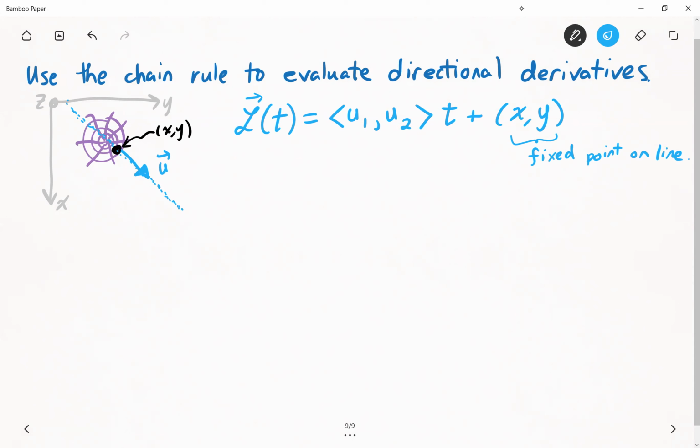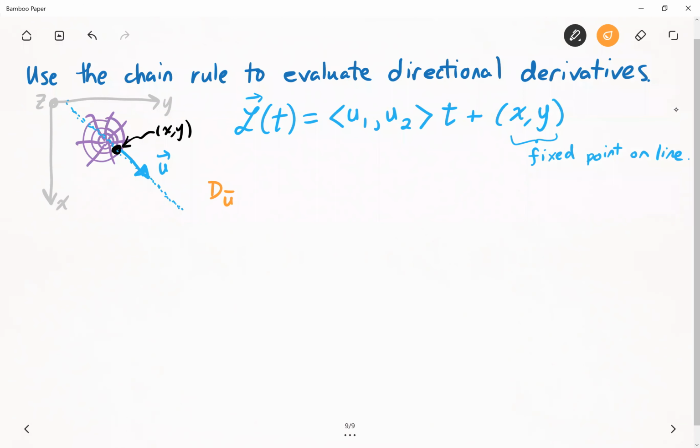And if you think about the big function f of xy, these are variables. But if we're just thinking about this line L of t, right, t is the only variable here, and we're keeping x and y fixed throughout this discussion. Right, so we're really interested in the directional derivative.